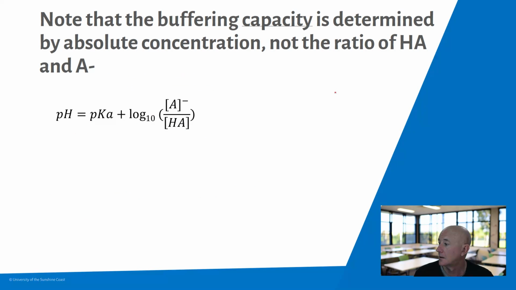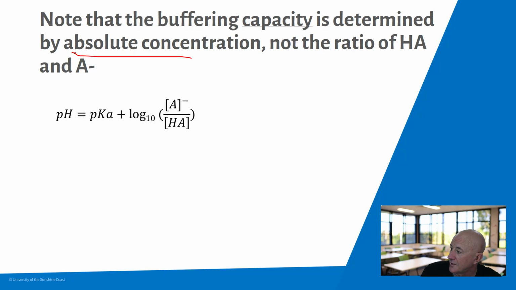Buffering capacity, just so you understand the difference between that and looking at whatever the particular pH is. Buffering capacity is determined by the actual concentration of the buffer, and so that's important. If you have something that you know is going to produce large amounts of acid, for example, you want to have a high concentration of your buffer.